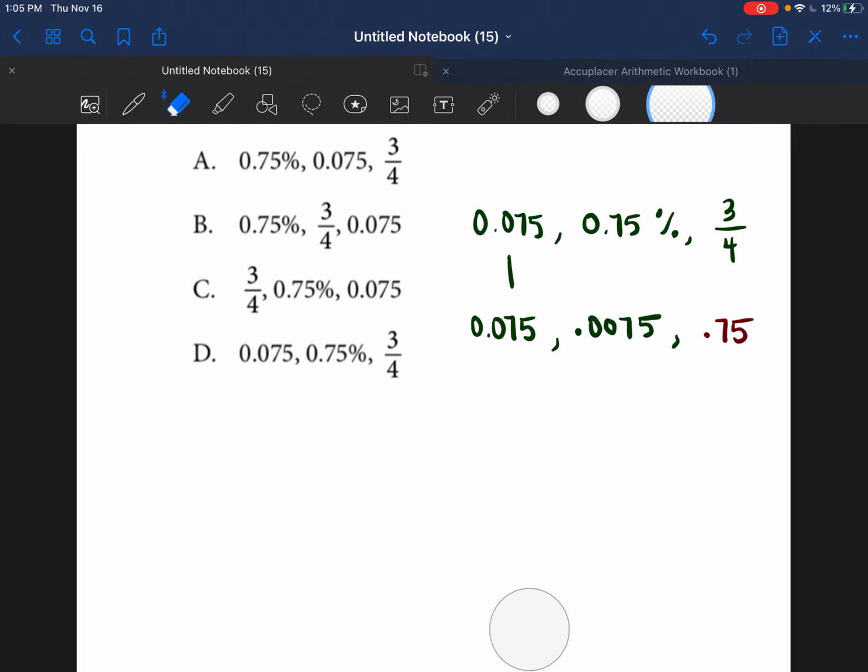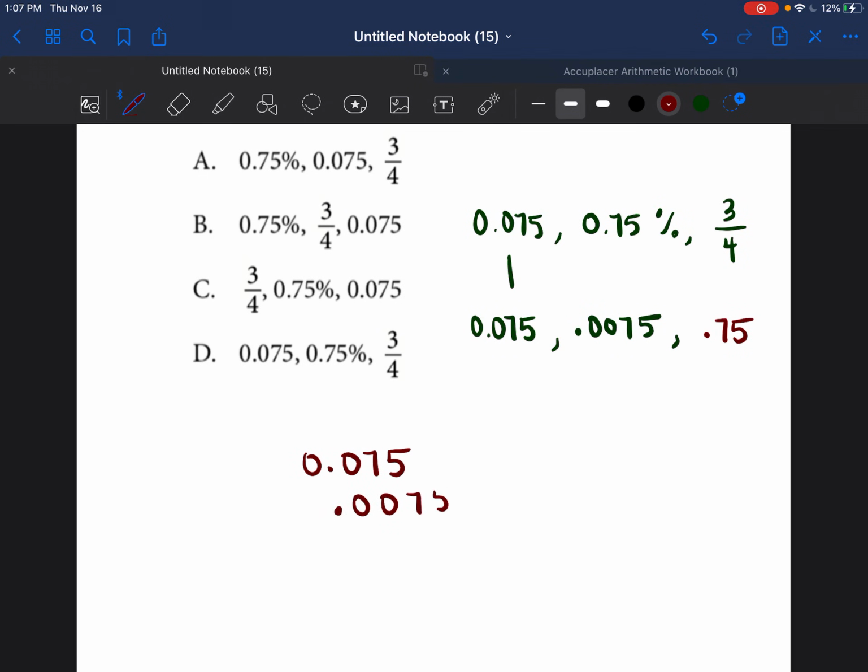So now that they're all decimal points, we can compare them. But I just want to be super careful, and let's just compare them when they're on top of one another because it'll be easier to see. So let's have all the decimal points lined up. 0.0075 and 0.75. Let's go ahead and compare these. So which one is the smallest?